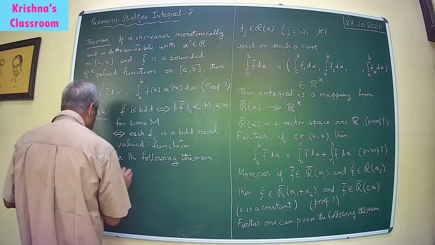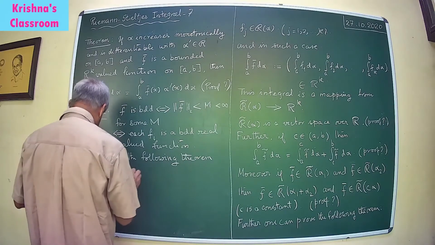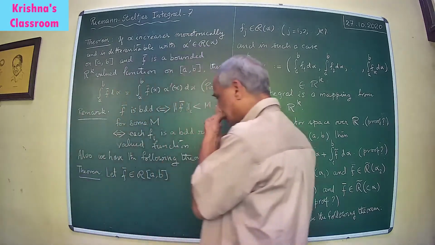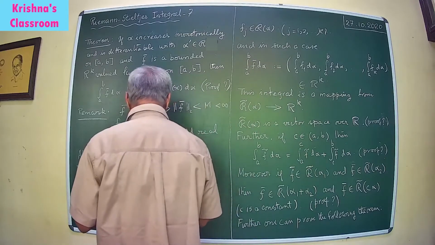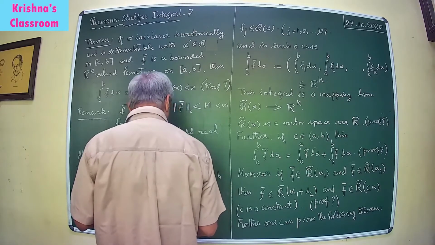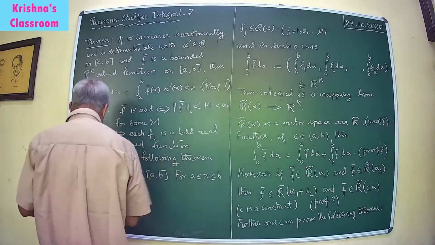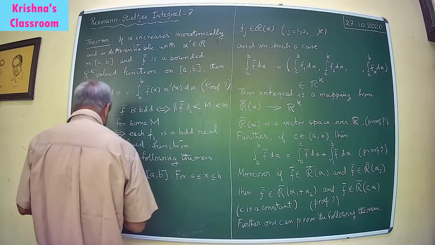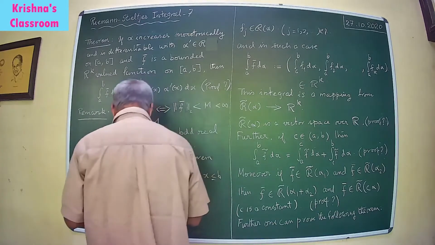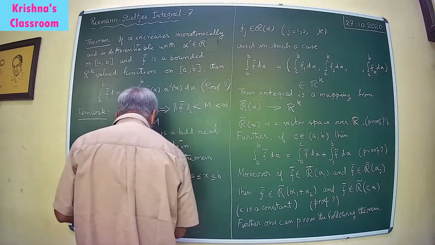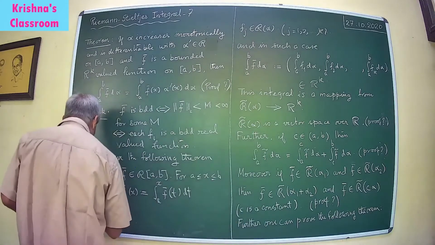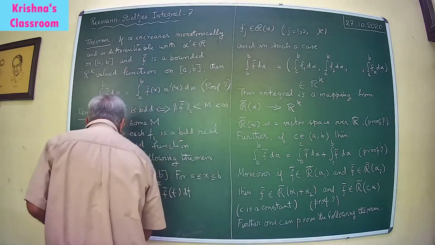Let f bar be Riemann integrable over [a, b], for a less than or equal to x less than or equal to b, put F bar of x as the definite integral from a to x. Then F bar is continuous.